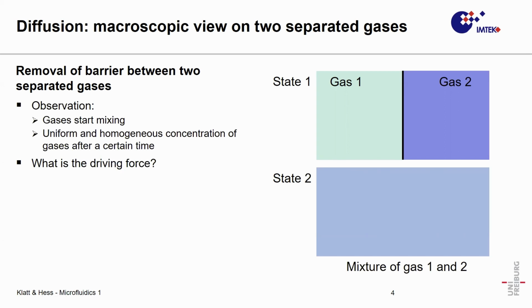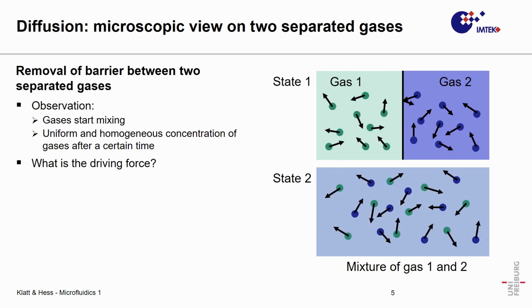But what is the driving force for this mixing phenomenon? To understand this, we have to come back to one of your first lectures where we took a closer look at gases, and we did a microscopic view of them. If you remember, we stated in these lectures that gases basically are small particles that move randomly in different directions. And this movement is induced by thermal effects and is called Brownian motion.